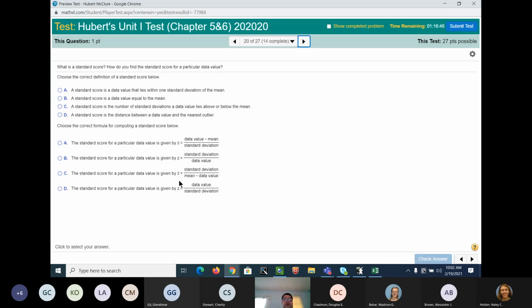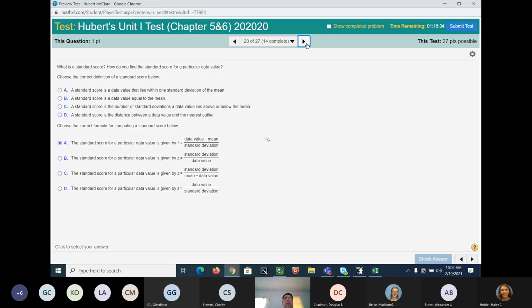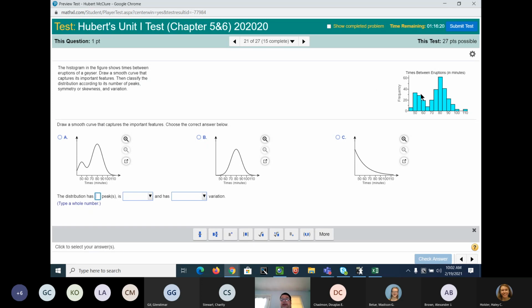And this is, what is z-score? It's x minus the mean over the standard deviation. And the standard score is the same as the z-score. I'm trying to hurry. The distribution technically has 2 peaks, one right here and one right here, and it tells you to describe it. There's the center.